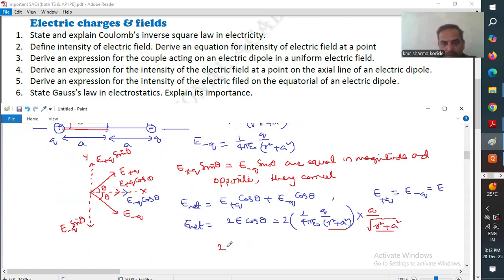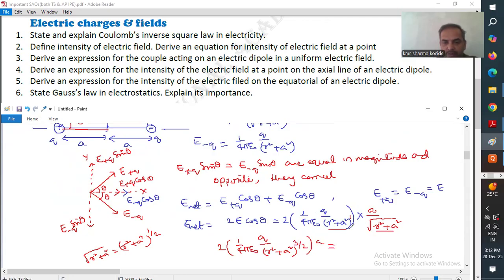So you can finally write 2 of 1 by 4 pi epsilon naught, with Q A over R square plus A square to the power of 1 plus 1 by 2. Bases are the same, so powers are added.